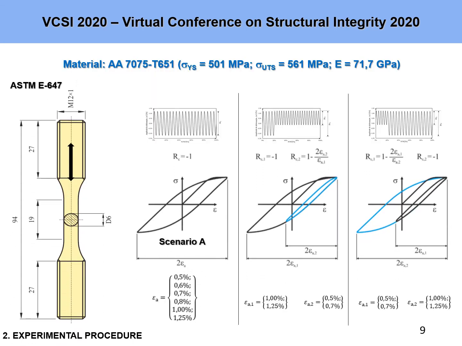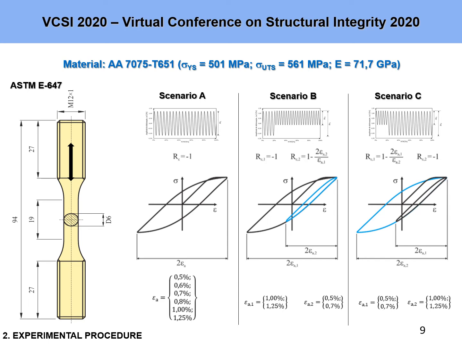Our study of the low cycle fatigue behavior of the aluminium alloy 7075 T651 took into consideration three different loading scenarios. Scenario A was performed under fully reversed strain control conditions, strain ratio R equals -1, with strain amplitudes between 0.5% and 1.25%.